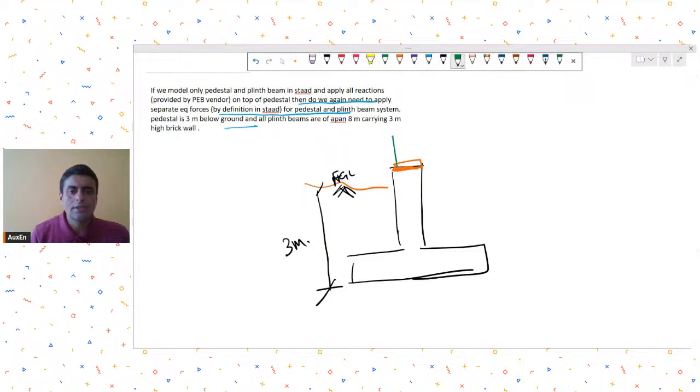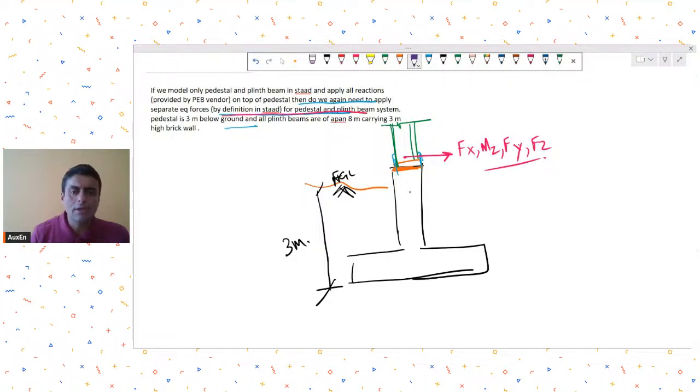And then let's say here is the PEB column. There are some anchor bolts, whatever stiffener system. So the PEB reactions, Fx or Mz or whatever reactions, have been given at this level. So his question is, do we again need to apply separate EQ forces for pedestal and plinth beam?